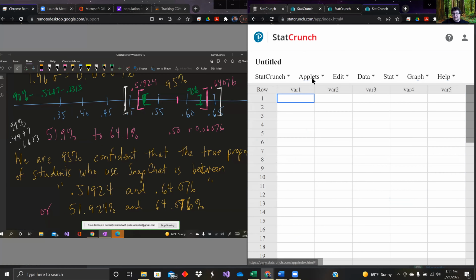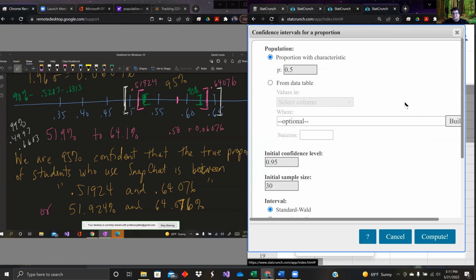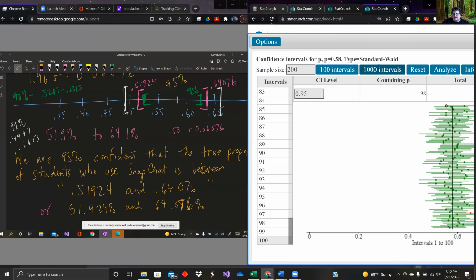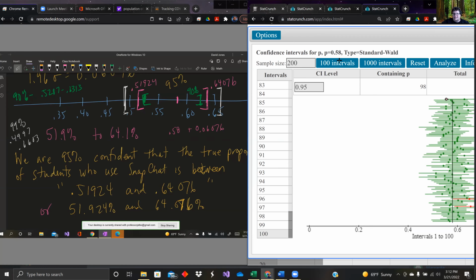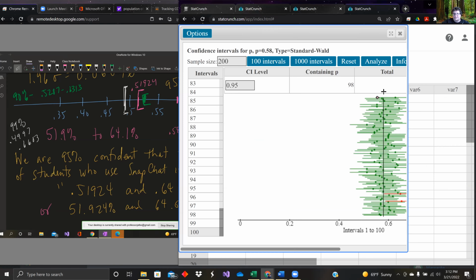That's not what I wanted. Applets, confidence intervals, 0.58. We're going to do 200. I was saying 0.58 is the exact amount.